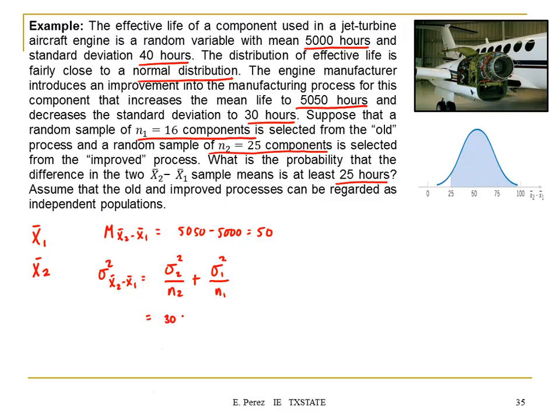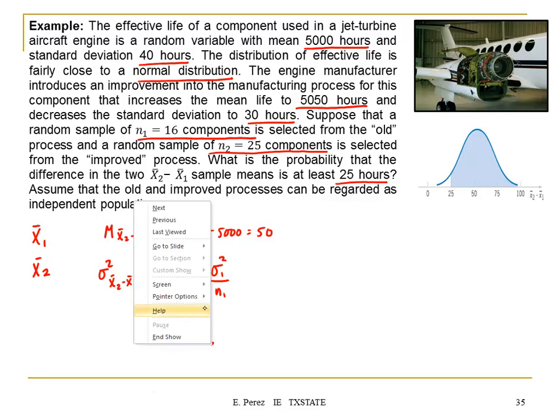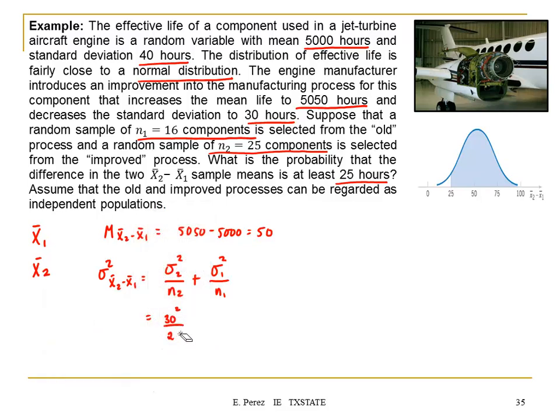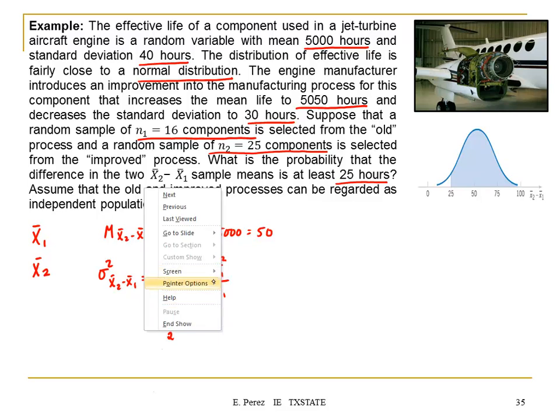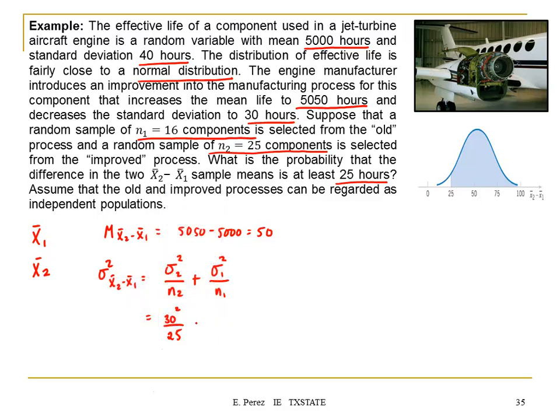And from the numbers that the problem is giving us, this is 30 squared over 25 plus 40 squared over 16. And this should be equal to 136 hours squared. So we have the mean of the differences, and we have the variance of the differences.